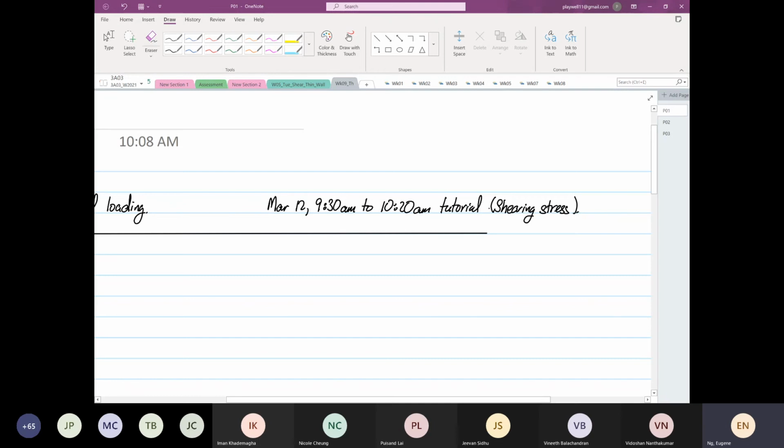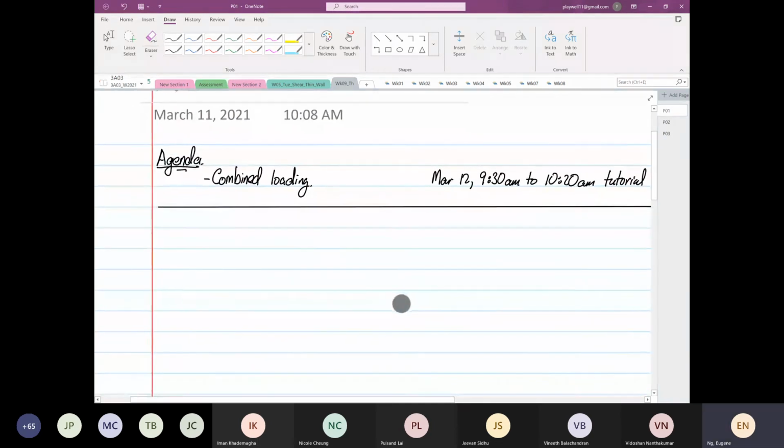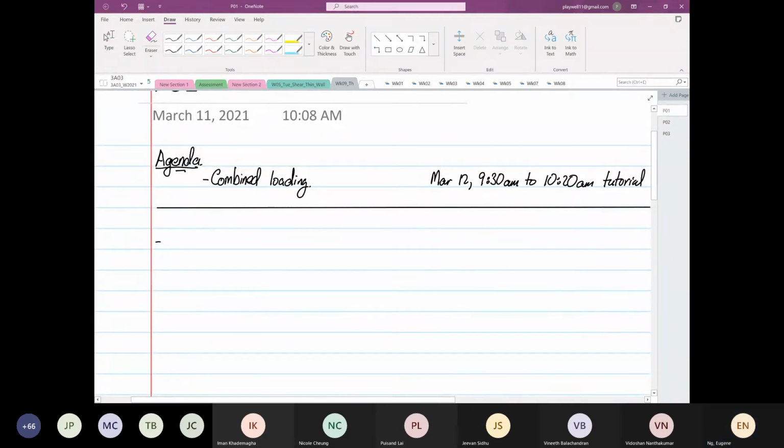For today we are going to analyze structures under combined loading. This is what we are going to focus on today.